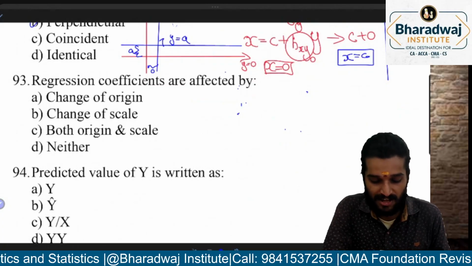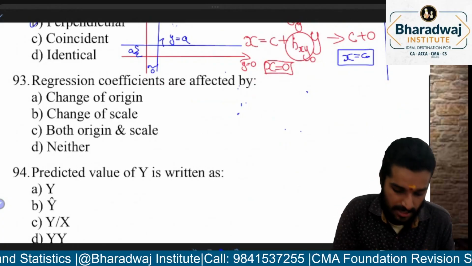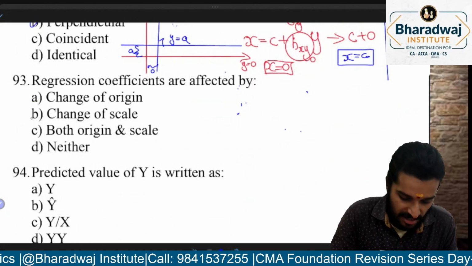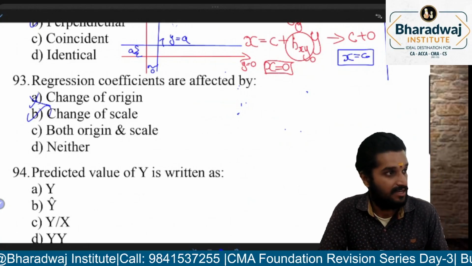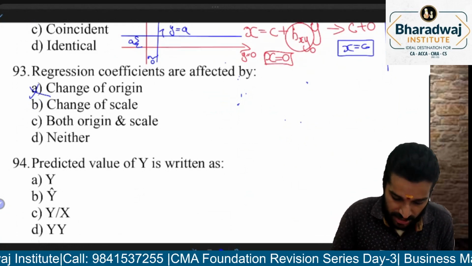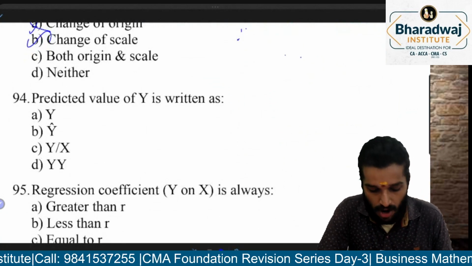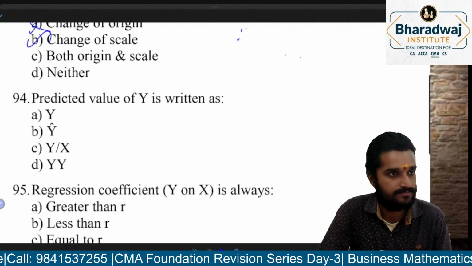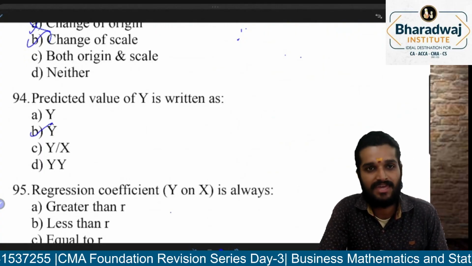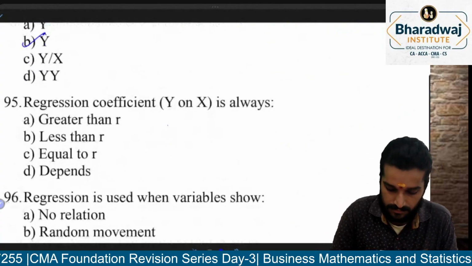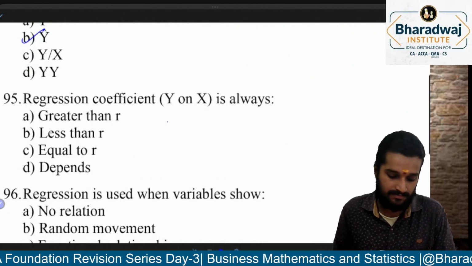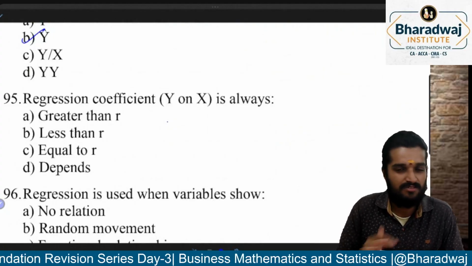Regression coefficients are affected by change in origin, change in scale? Yes, obviously it is affected by change in scale. The magnitude of change in scale itself affects regression coefficients. Predicted value of y is written as y cap. Regression coefficient y on x always depends.